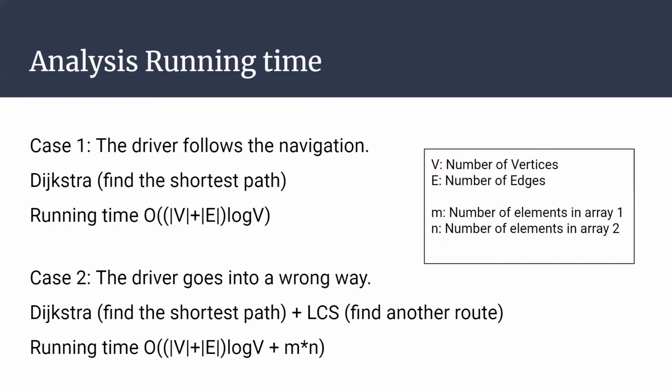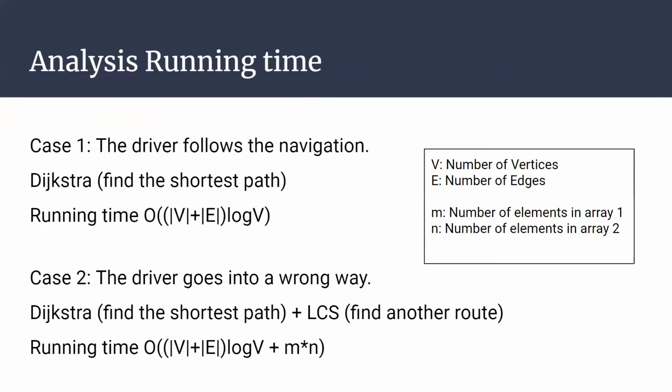Another case is the case we're mainly talking about, which is the driver accidentally goes the wrong way midway from the source to the destination. In this case, we use Dijkstra first, just as in case one. Next, we use the longest common subsequence algorithm to compare all the possible paths from the wrong node to the destination with the shortest path we found at first.